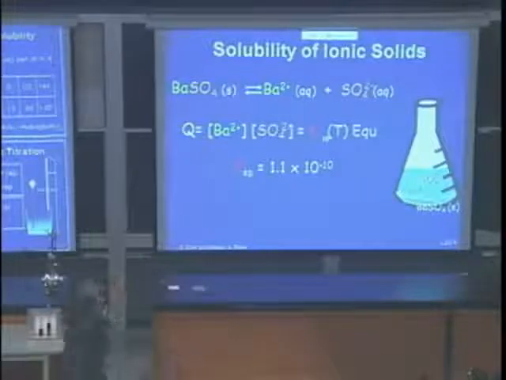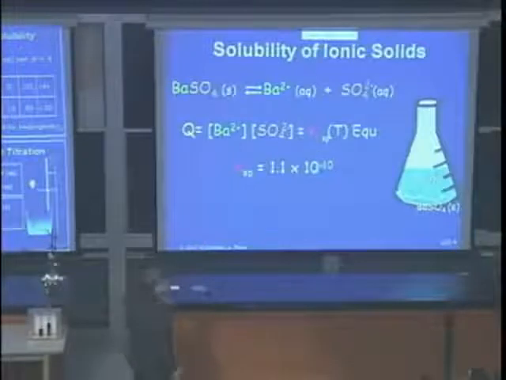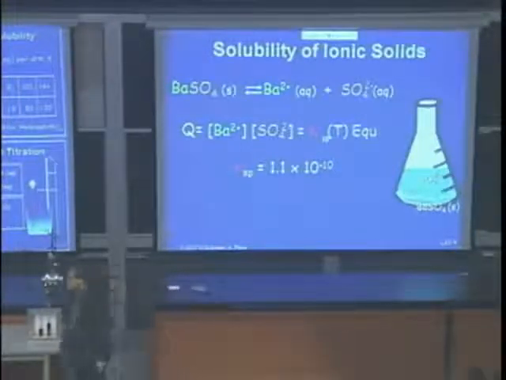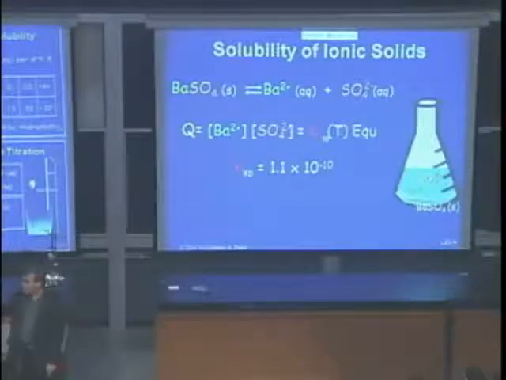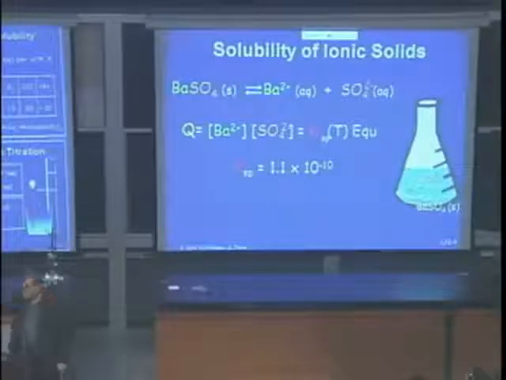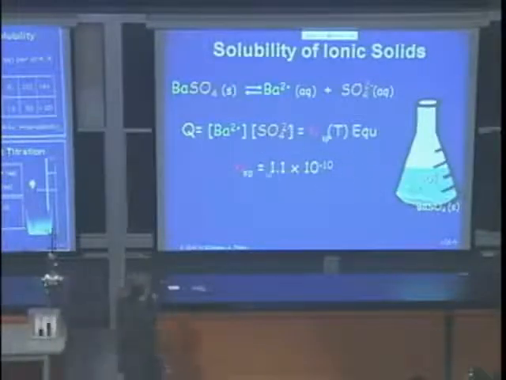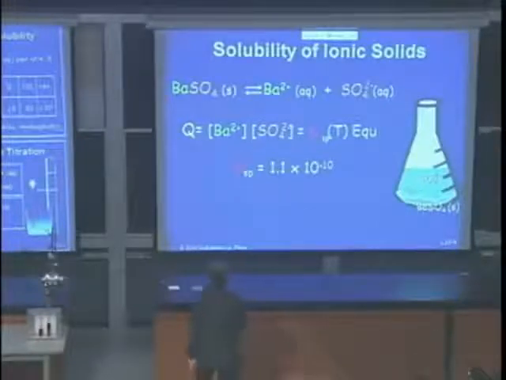That means it's not very soluble. Barium sulfate is favored, and you can see that constant is 10 to the minus 10. One tenth of a trillionth, okay? No, a billionth. Billions, I'm in the German system. One billionth, okay? A tenth of a billionth, that would be the solubility product.